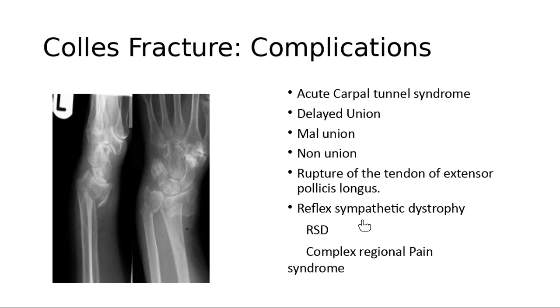This can be quite a dramatic condition when it does occur, in that the patient is unable to make a fist, they have severe, significant pain, swelling, and inability to use the hand. And it can last for a very long time and can give rise to permanent stiffness of the wrist.